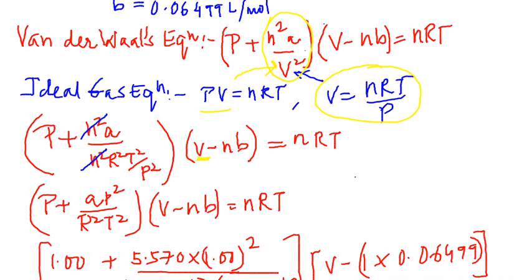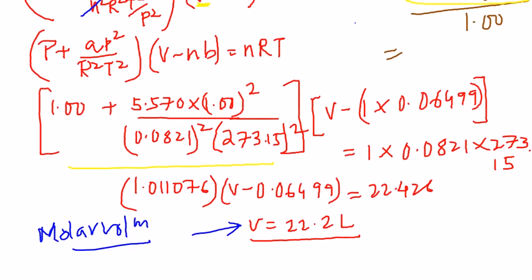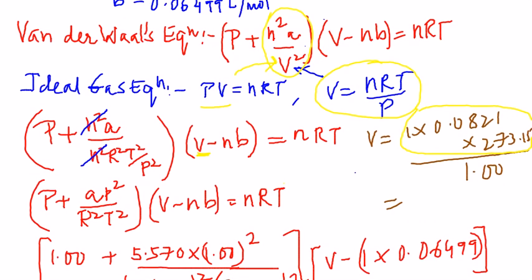Okay, so volume is equal to 1 times 0.0821 times 273.15 divided by pressure, which is 1. And if you see, this expression out here is exactly the same as this expression here. So therefore we can totally use that value out there.